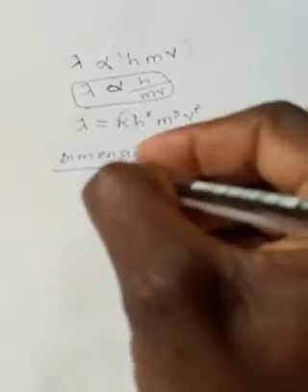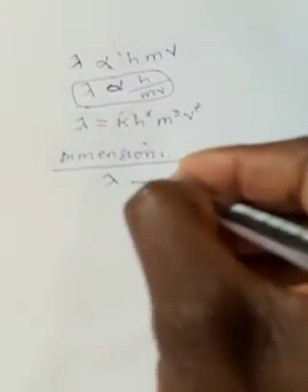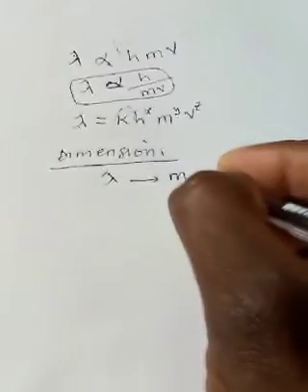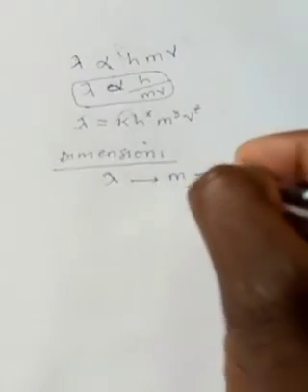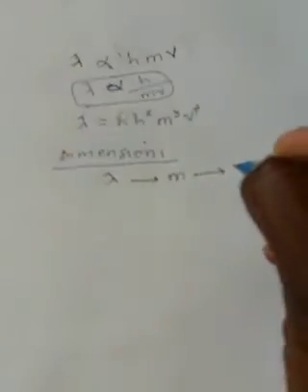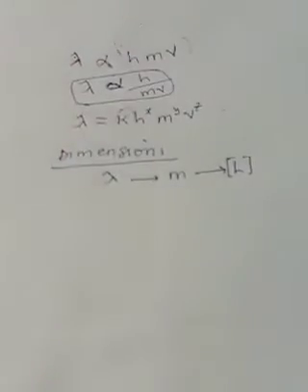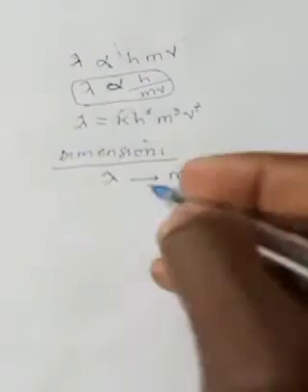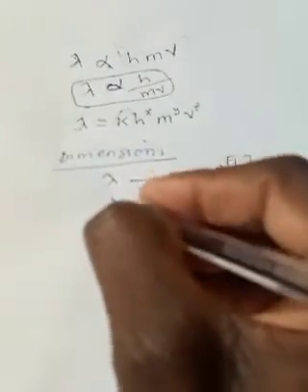I'll start with the wavelength. I know that wavelength is measured in meters. If you write it in the form of dimensions, remember to put it inside the square brackets to show that you're writing the dimensions of that same quantity. Then we move to Planck's constant, which is h.